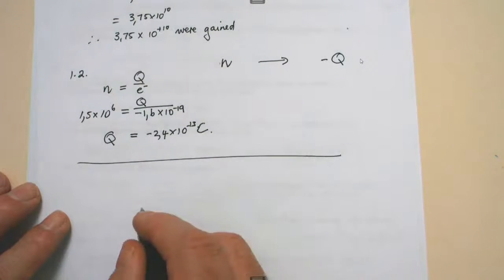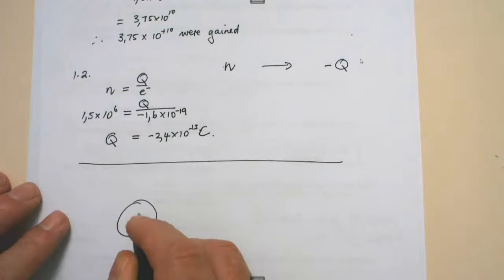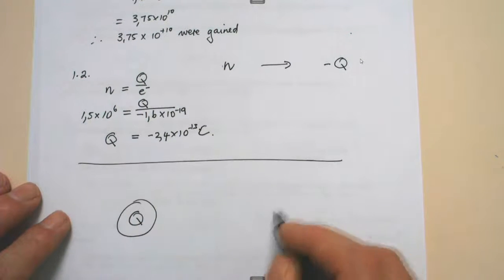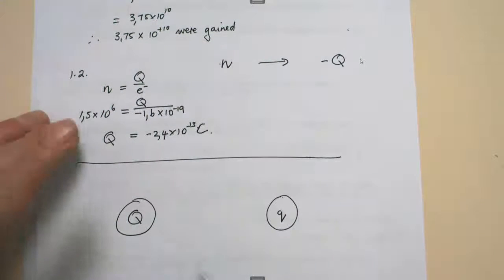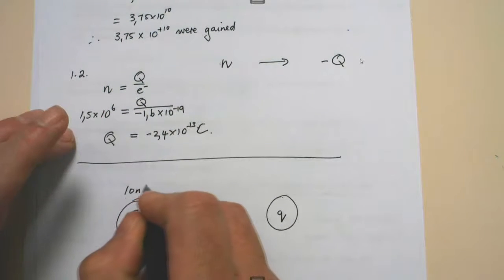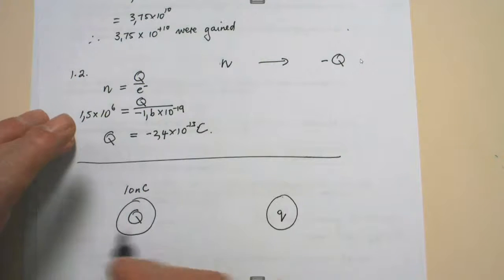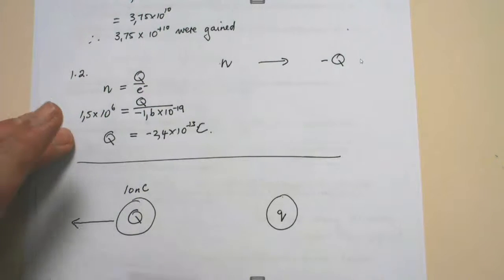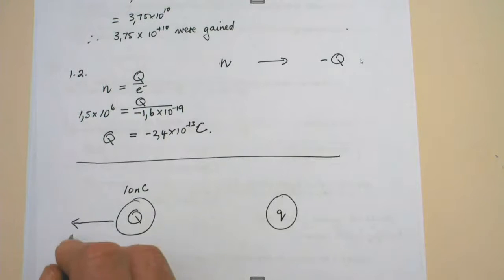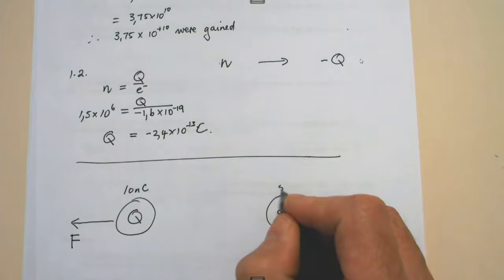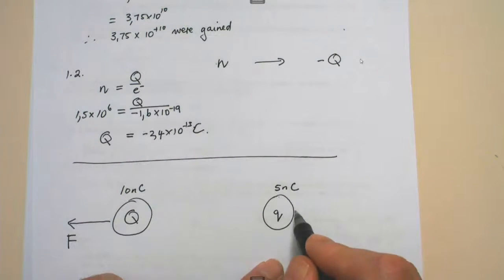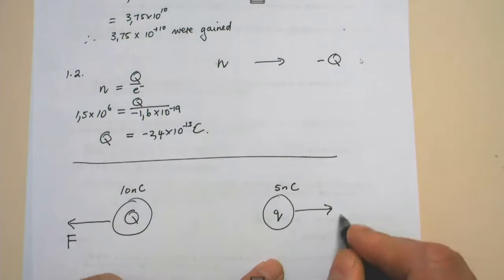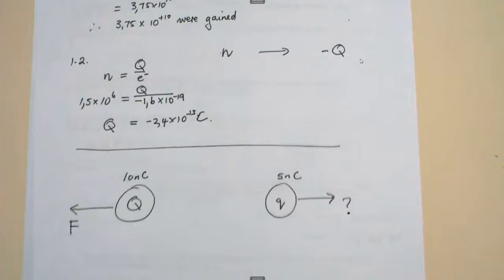I tell you that charge Q and charge, let's call it small q, that this one is 10 nanocoulomb and it experiences a force of repulsion of F. If this one is 5 nanocoulomb, what will be the force of repulsion that it's going to experience?